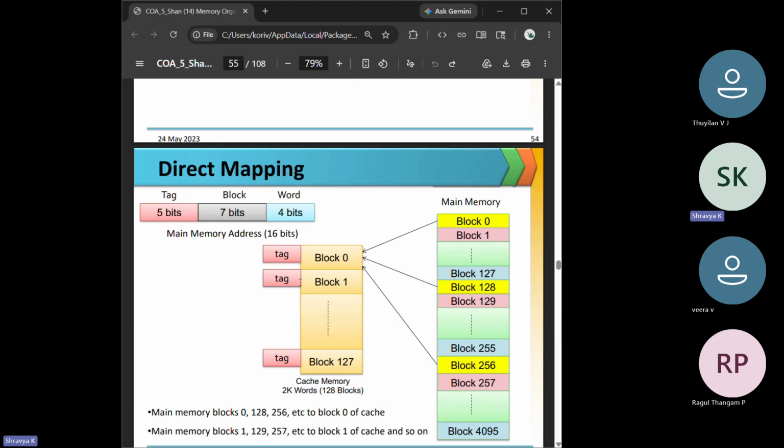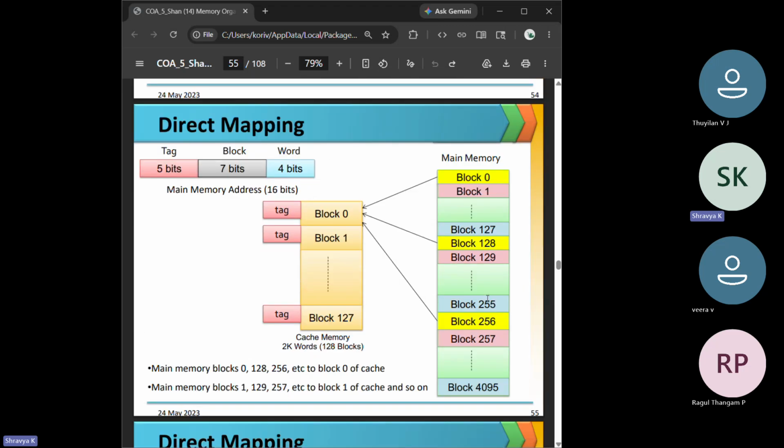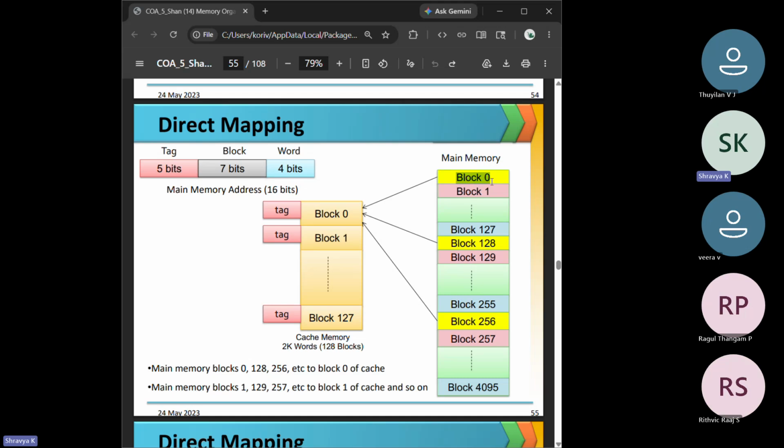If you look over here at direct mapping, you can see the main memory has repeating colors, indicating that all the same colors will map to the same slot in the cache, right? So if I were ever to look for block 0, I know that I will have to look at block 0 in the cache as well.